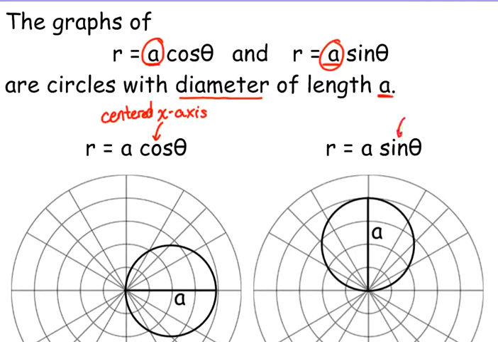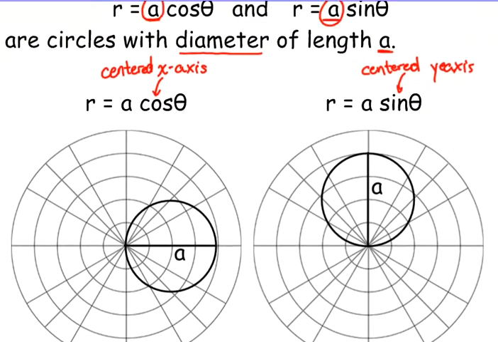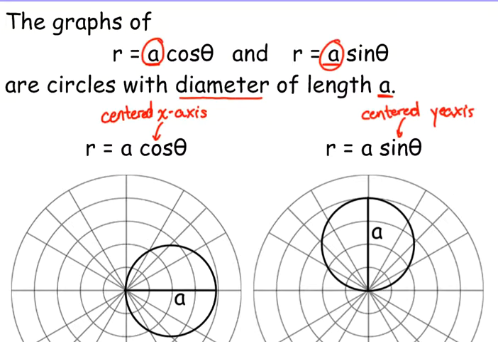If it's sine, then it's centered on the y-axis. So if you're asked a question about the radius, you've got to divide that number by 2 because that number is the diameter there. Okay, so circles, pretty simple.